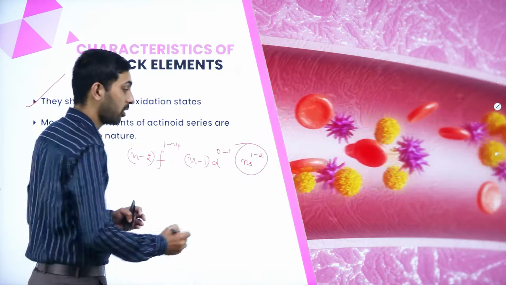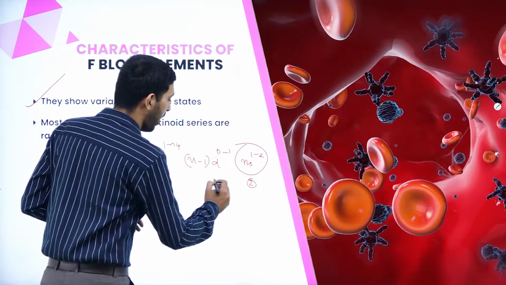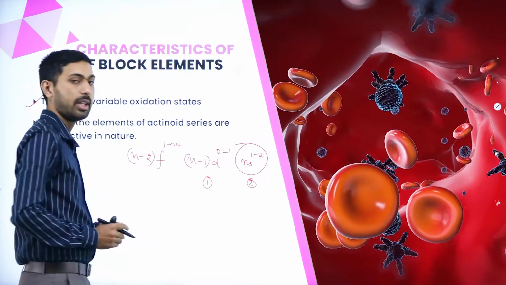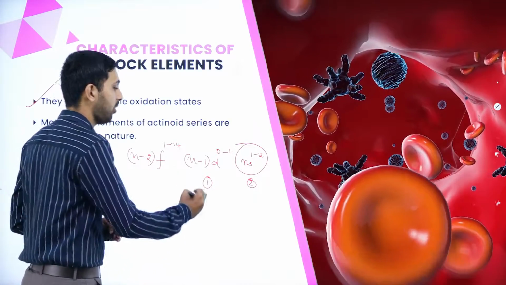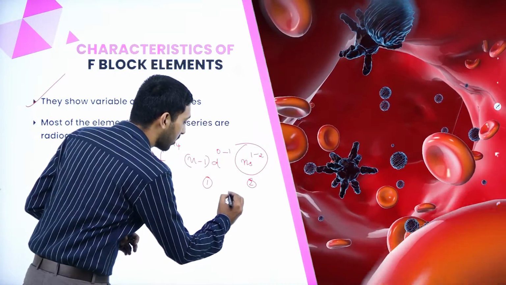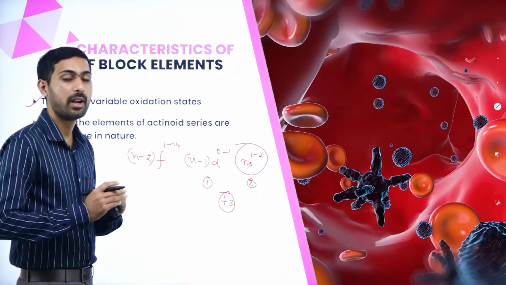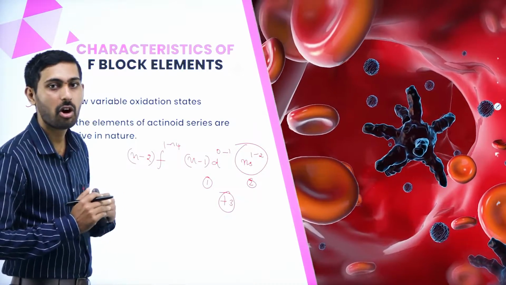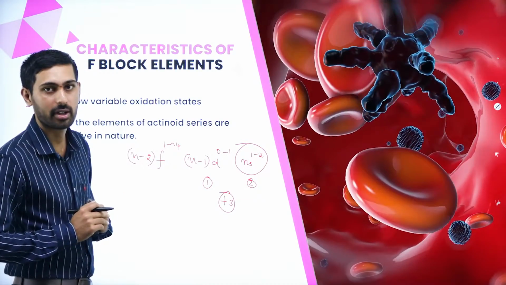Here we can remove 2 electrons from the s orbital and 1 electron from the d orbital. So F block elements always show a +3 oxidation state, which is the common oxidation state for them.